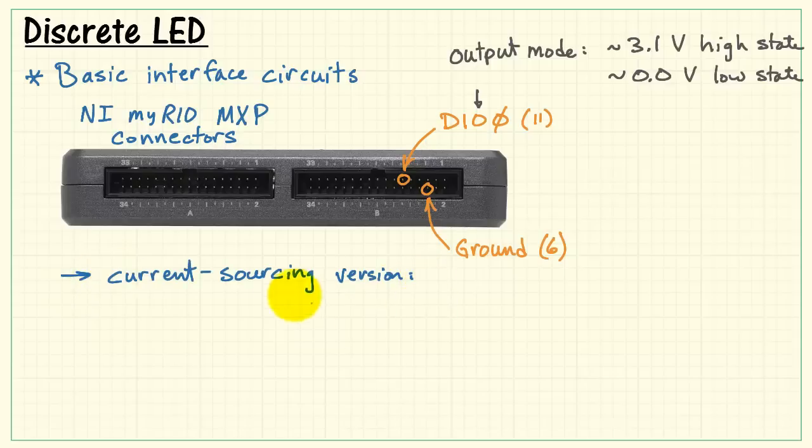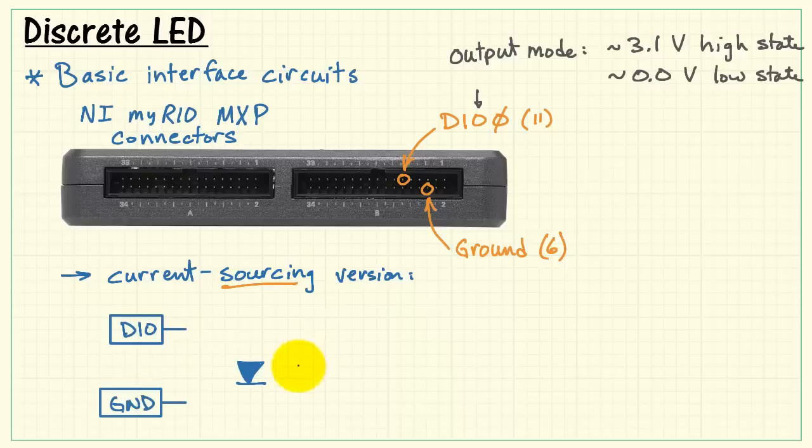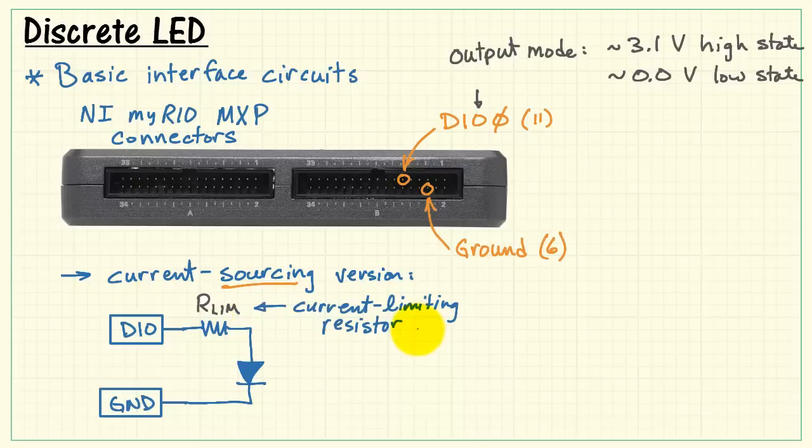Now, the first interface circuit to know about is called the current sourcing version. We accomplish this by connecting the cathode to ground, and then generally we're connecting the digital output to the anode side, but we need a current limiting resistor in between. I'll call that R sub lim.